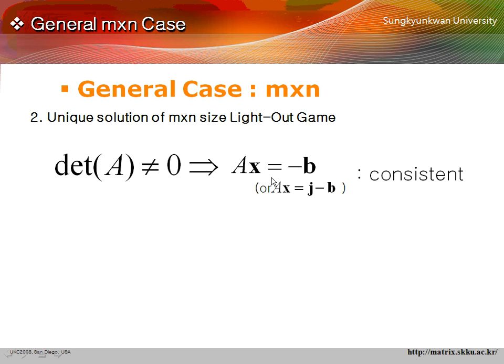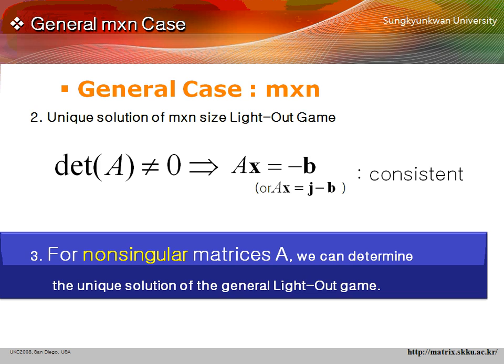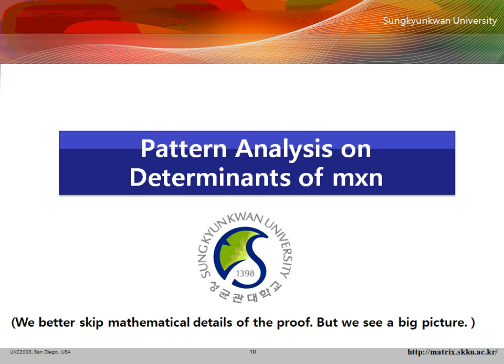There's no problem. All of our previous argument does work on this. So for the non-singular matrix case, we can determine the unique solution of the general Lights Out game. Our observation on the Lights Out game can be easily generalized for the rectangular Lights Out game.